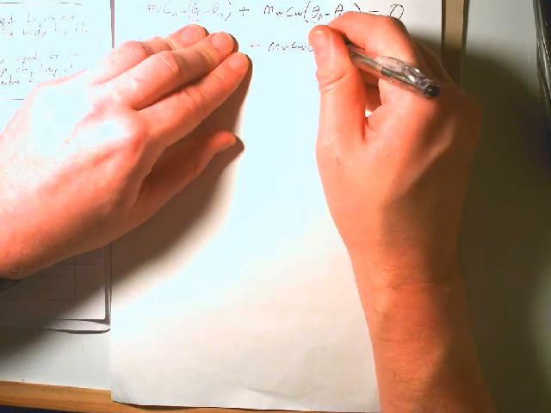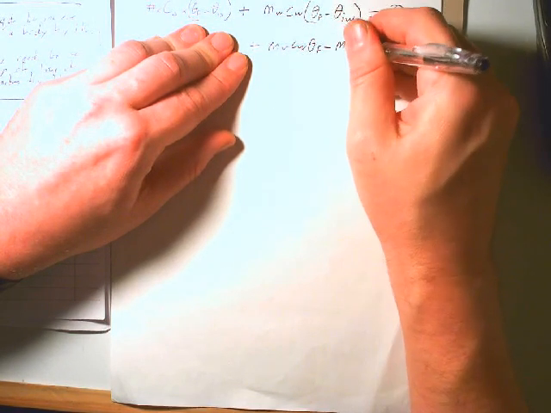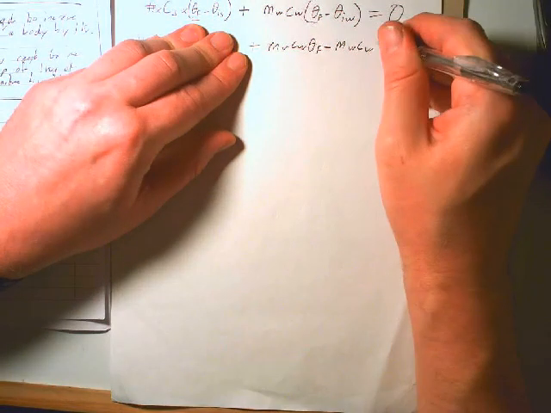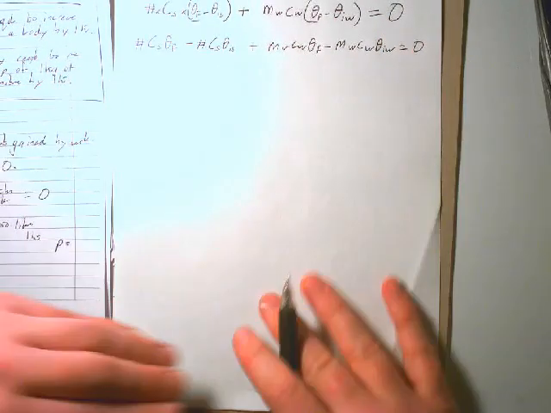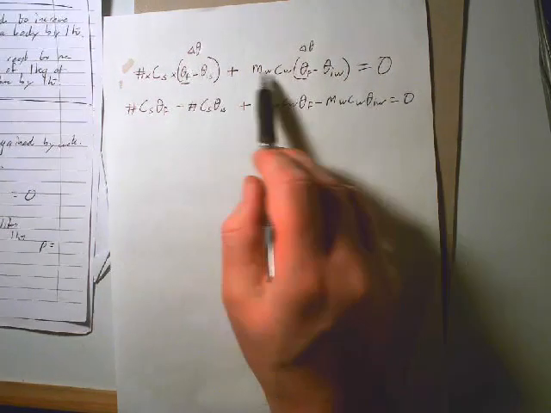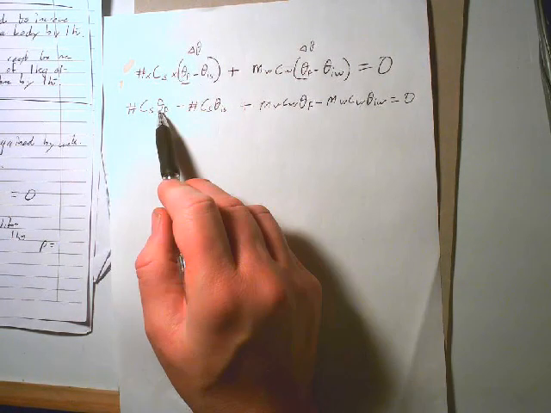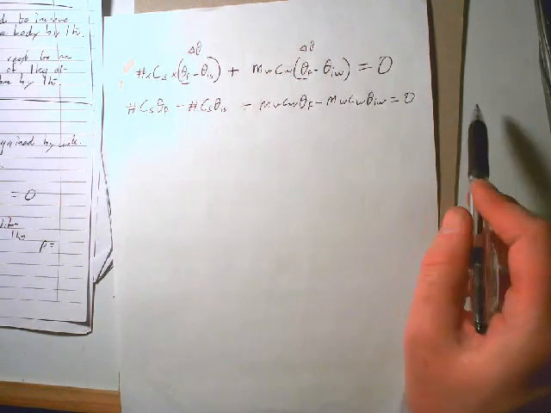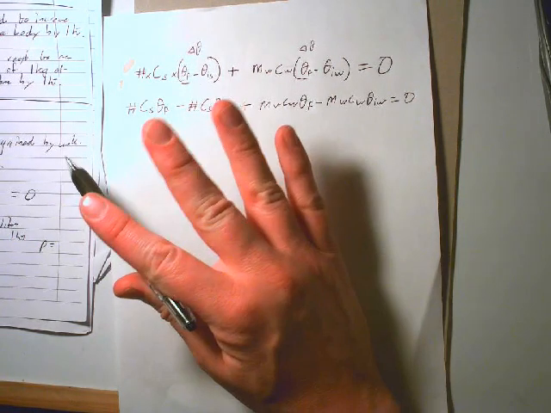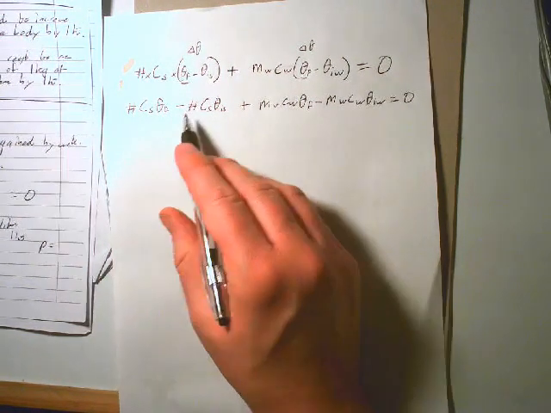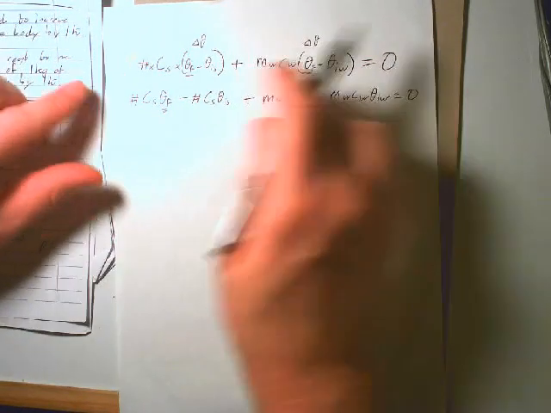Plus, over here, same thing. Mass of water, heat capacity of water times theta F, the final temperature, minus mass of water, heat capacity of water, and the initial temperature of the water is equal to 0. So I've just equated all my energy changes to 0, and because we're going to be isolating theta F, I've multiplied out the brackets. There's a few different ways of doing this, by the way. If you've got a different route and you got to the right answer, all is good.